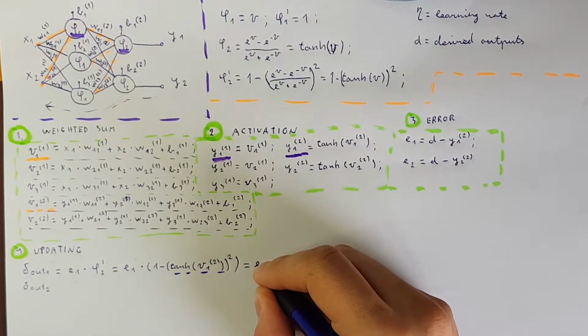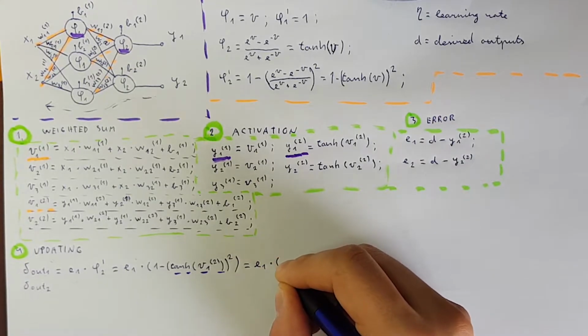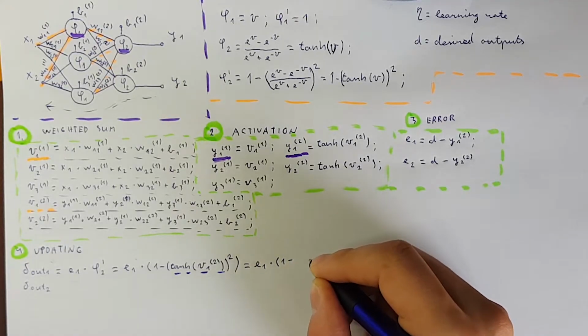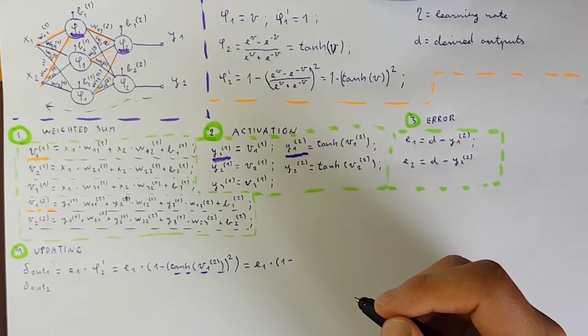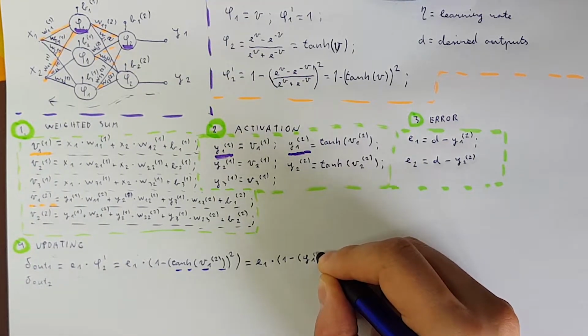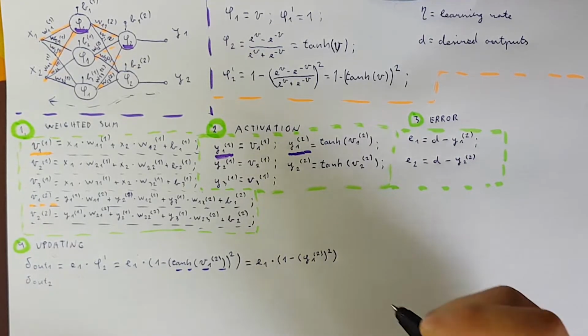So error 1 is multiplied by 1 minus Y1 of the second layer, squared.